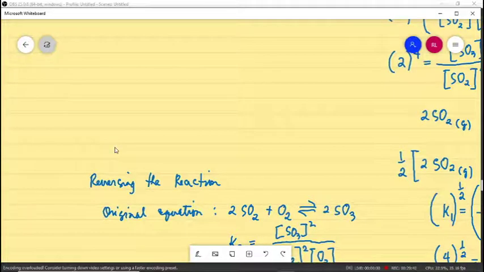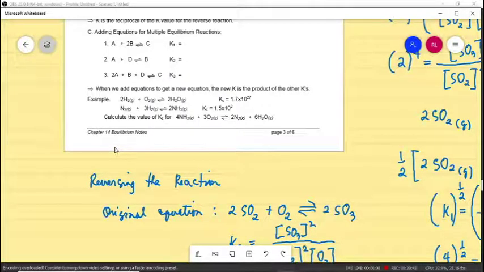When we say multi-step, meron siyang intermediate reactions and intermediate products na nabuo bago nabuo yung final products.